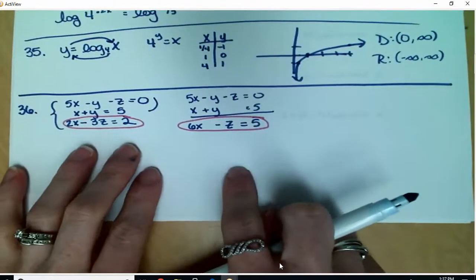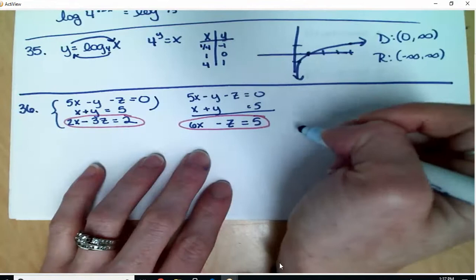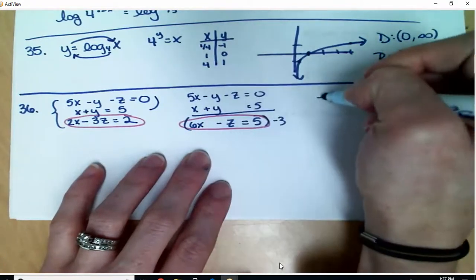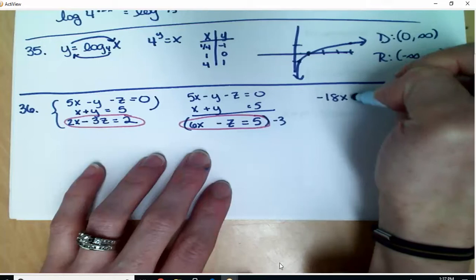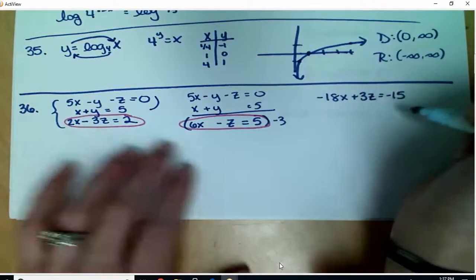What do you want to eliminate? Z. So what do I need to do? Multiply by -6 on the bottom. So that gives me negative 18x plus 3z equals negative 15.